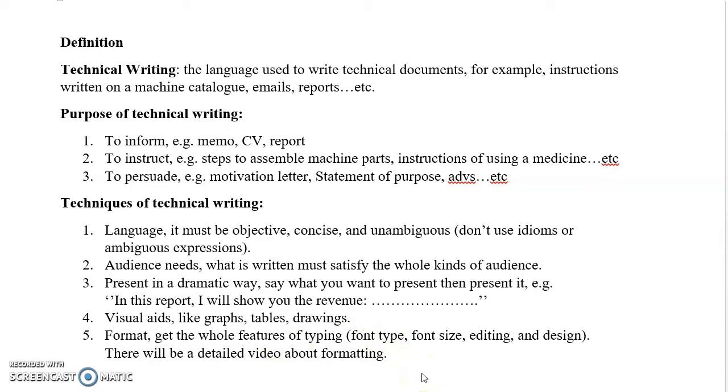I have to be careful in using the font type, font size, the editing, the design, the numbering, and so on. Actually, there will be another file. I will discuss the format in detail. I will go through all the details about format. This will be next.